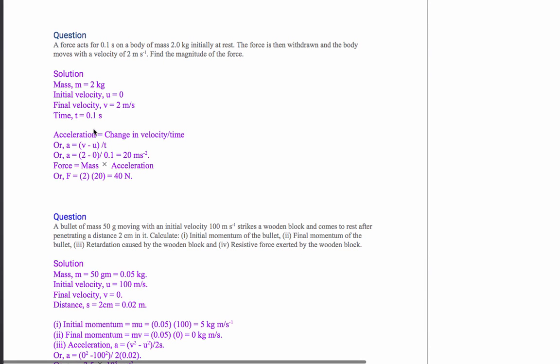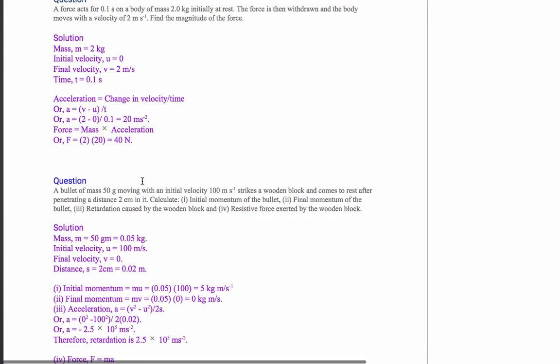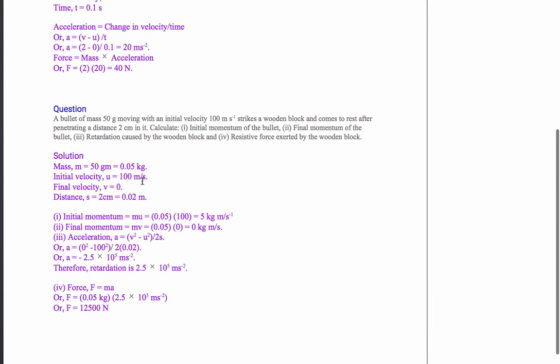To find the force we need the acceleration. Acceleration formula is v minus u upon t. So put the values, 2 upon 0.1, which comes out to 20 meter per second square. Mass is given 2 kg, so 20 into 2, 40 Newton. So this is how we are supposed to do the numerical.